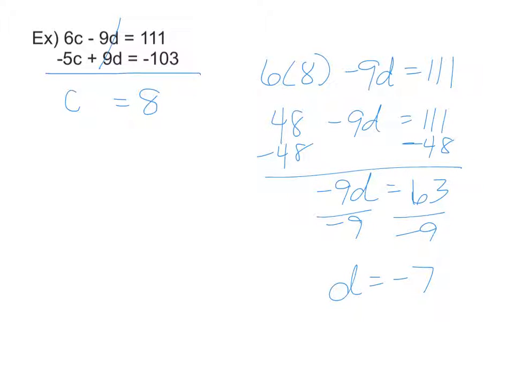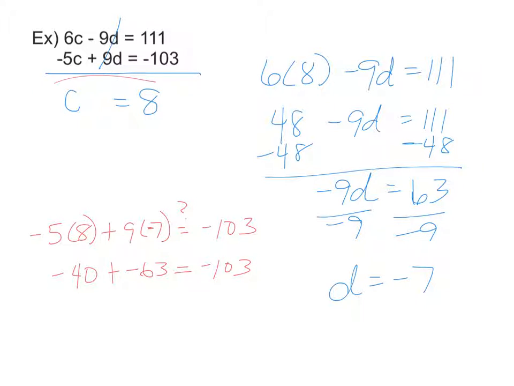Again, I can check my work, plug it into the bottom one, negative 5 times 8, plus 9 times negative 7. Does that equal negative 103? Again, negative 40 plus negative 63 does equal negative 103, so my answers of c equals 8 and d equals negative 7 are true.